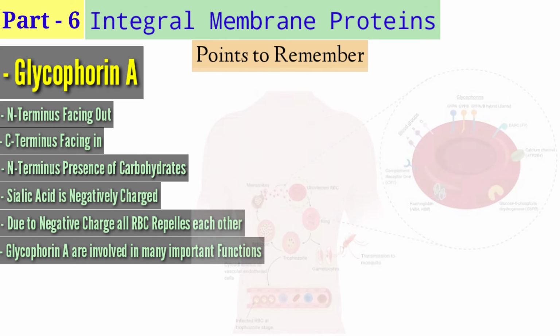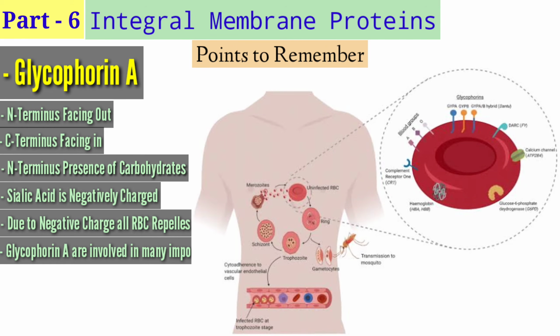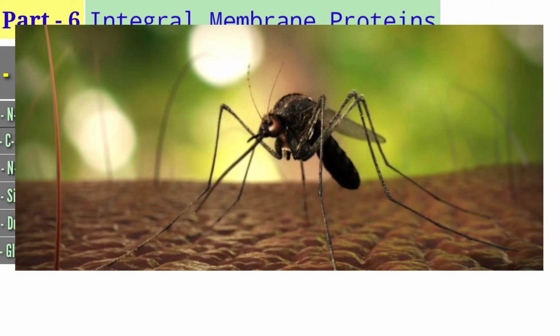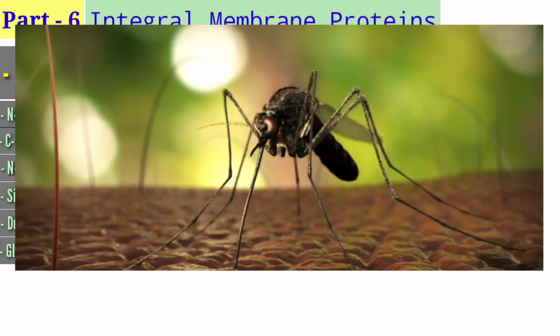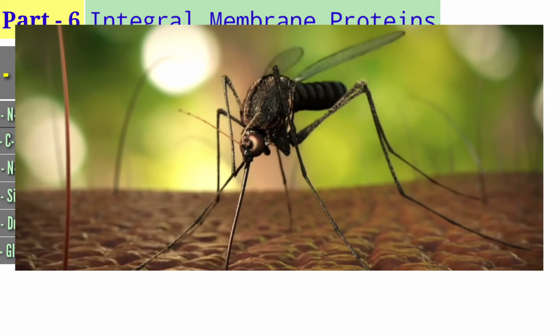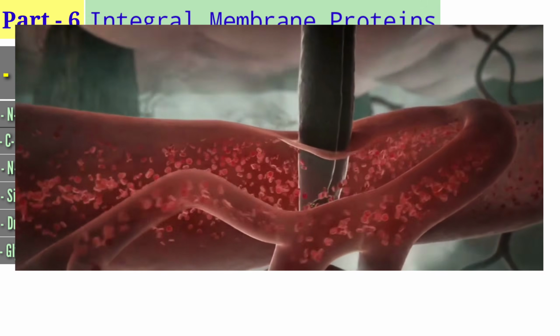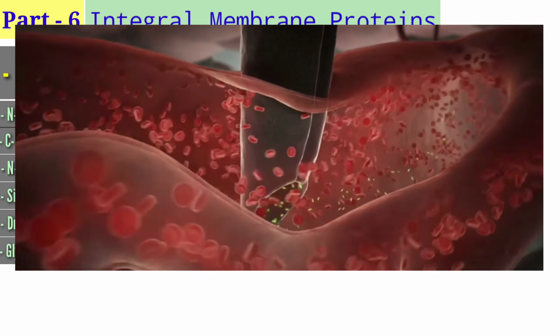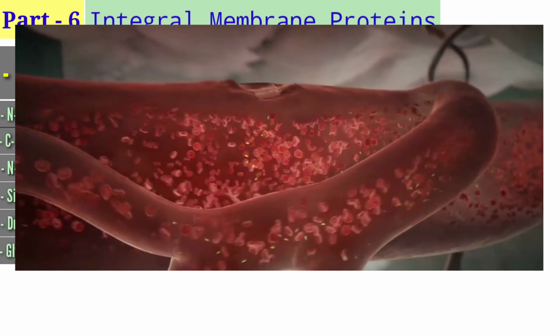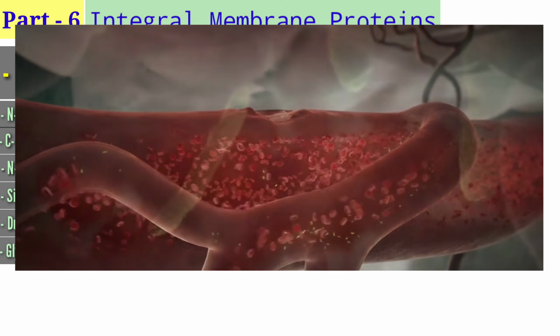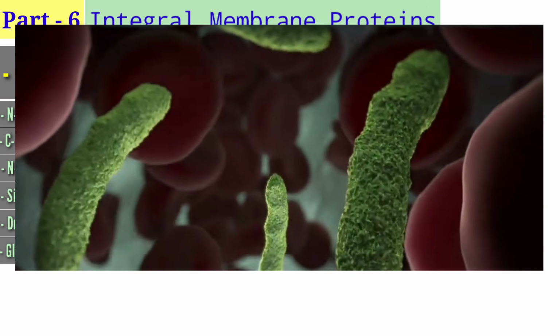But the receptor for this protozoa is actually the glycophorin A type of protein, which is an integral membrane protein. So it is a very interesting and newly found fact how glycophorin A is responsible for various things, and integral membrane proteins show such diverse examples which we will be studying in our upcoming lectures.